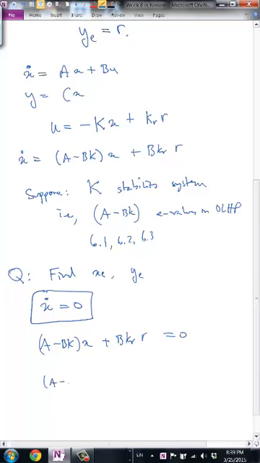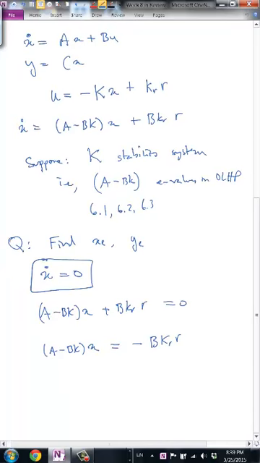Moving B k_r r to the right-hand side, we get (A minus BK) x equals minus B k_r r. Many of you have given into the temptation of dividing. That's a big no-no here, because it doesn't mean anything to divide by a matrix. We don't divide by a matrix, we multiply by the inverse.